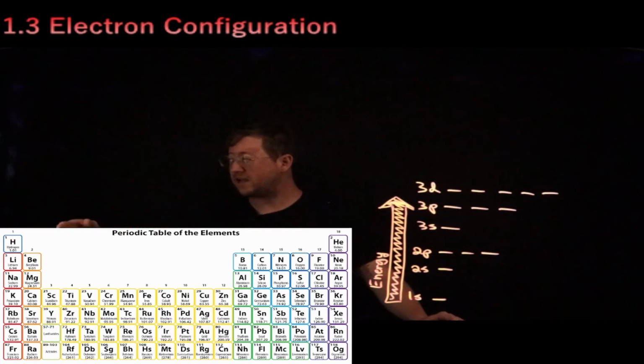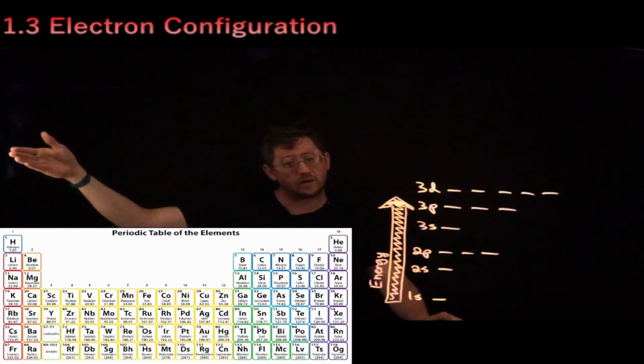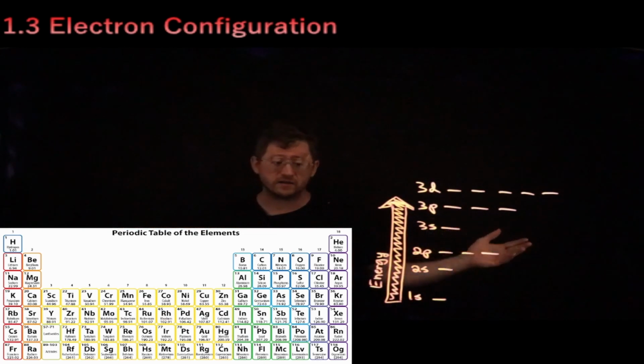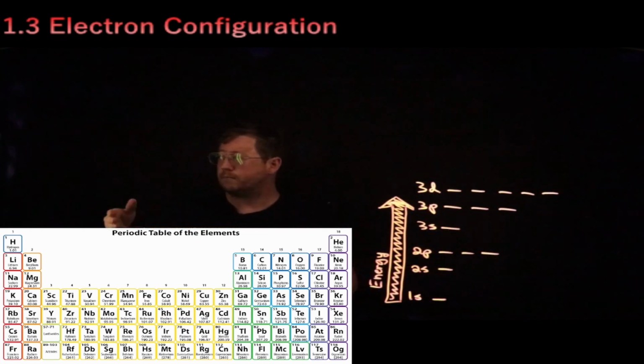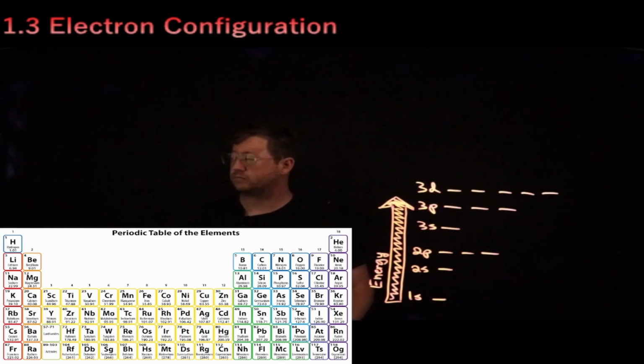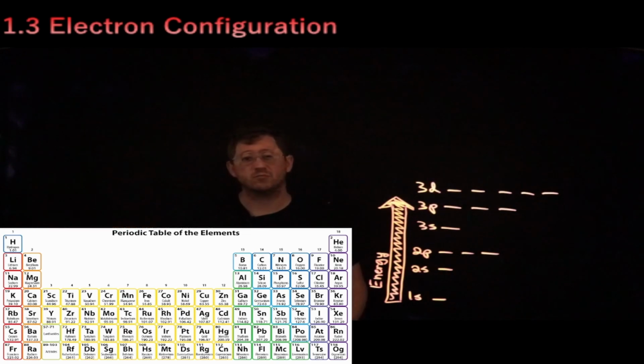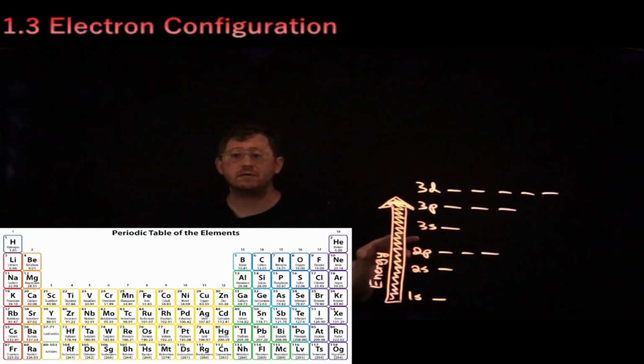Now, the periodic table is organized from hydrogen to helium, lithium, beryllium, and so on. But there are some important things to note. Things like hydrogen, lithium, and sodium that are all in the same column effectively behave in the same way. Why? Because they have a similar electron configuration.